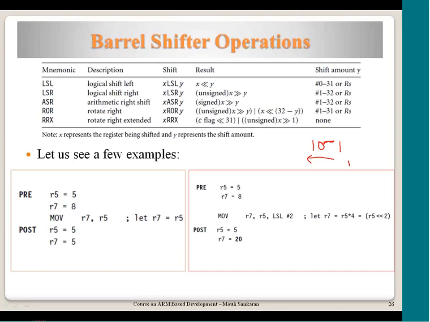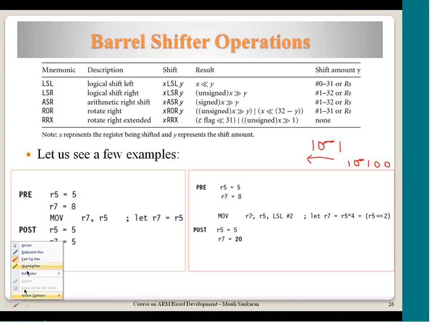The bits become 1 0 1 0 0. This was originally 4 plus 1, which is 5. Now it becomes 16 plus 4, which is 20. So effectively the shifted value of R5, after 5 is shifted, is 20, and that gets written into R7. So you get 20 in R7 here.